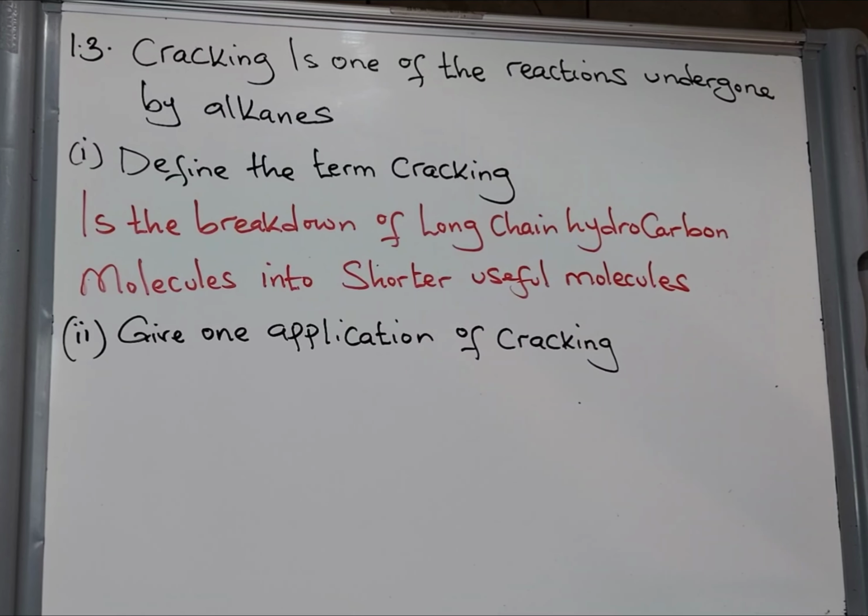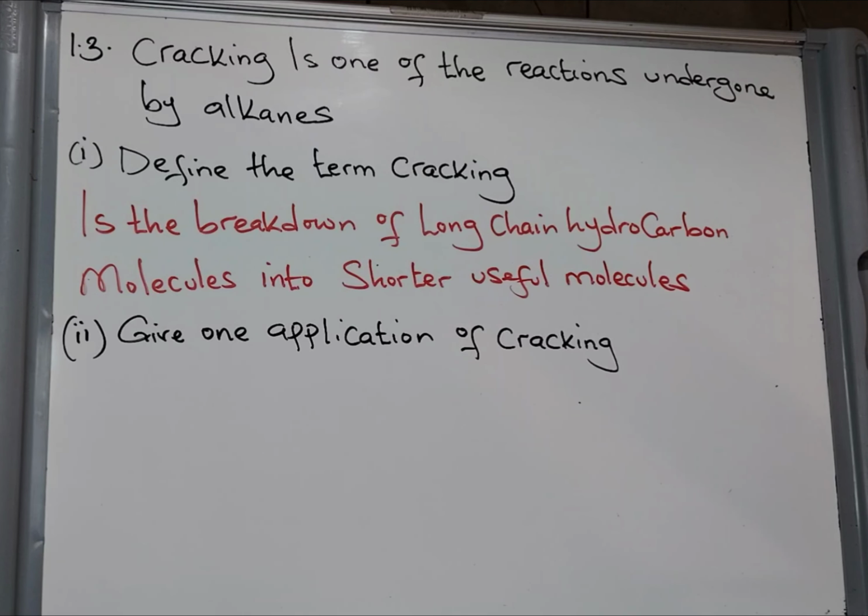So that is that. Then comes this question. It says, give one application of cracking. Okay, where do we apply cracking? Where is cracking used? Cracking is used to form fuels from crude oil.